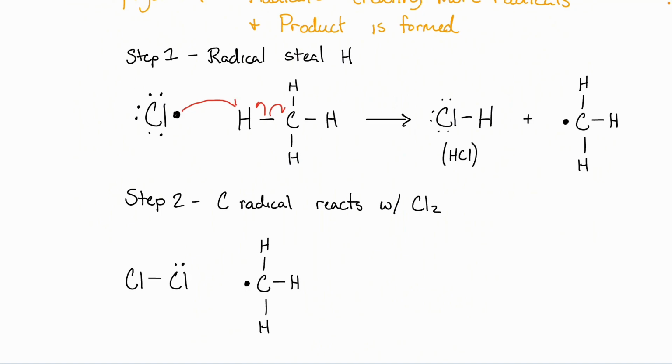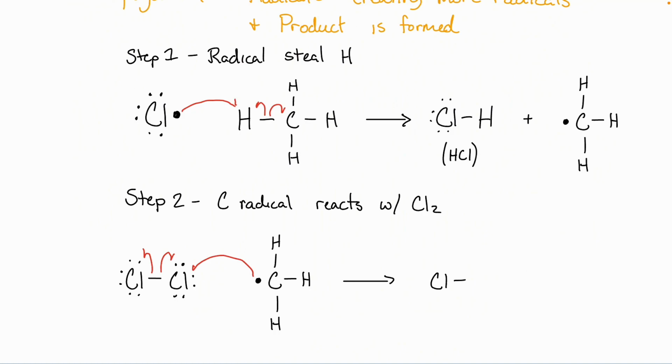So now we again have our diatomic chlorine, and the radical is going to do what the radicals do, which is be angry and grab other atoms. So what we get on the other side is now our new chlorine-carbon bond, right? We get our halogenated product. Okay?